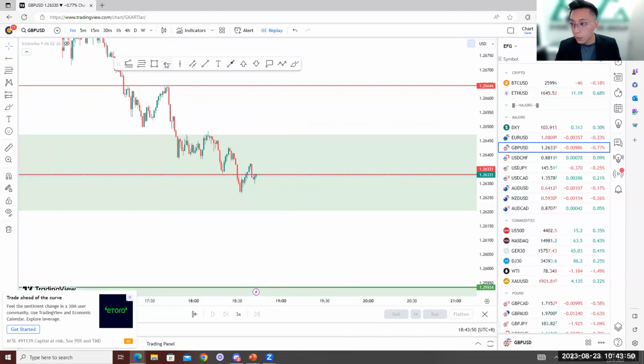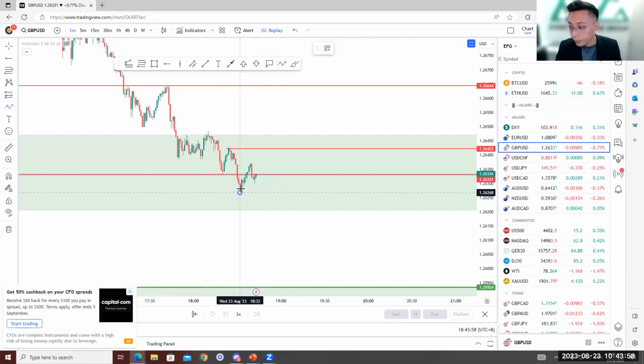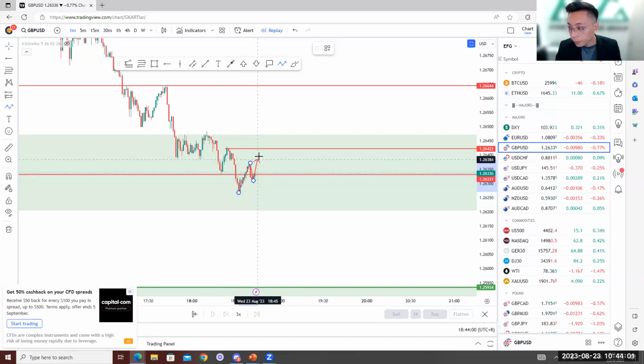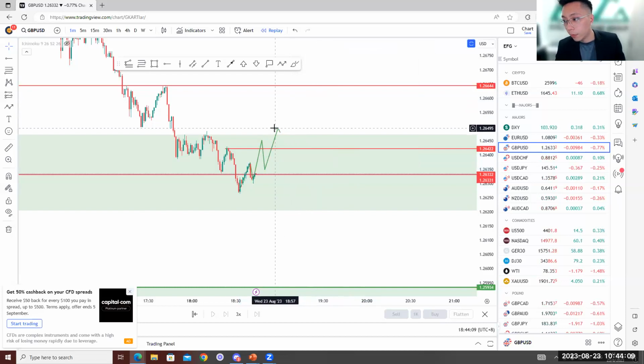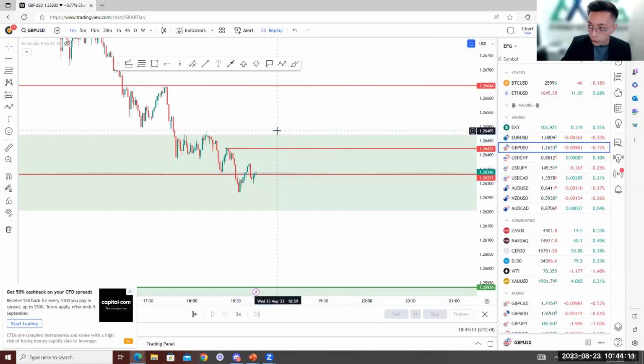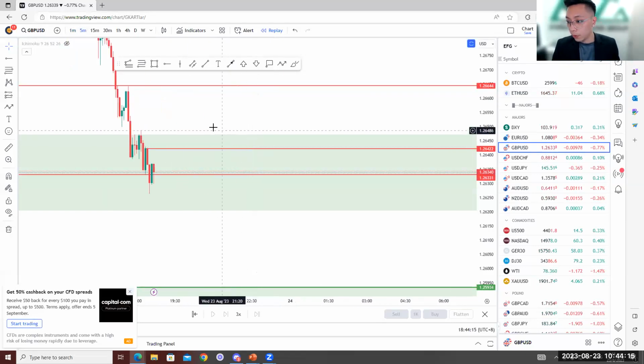I'm looking for price to break past these highs, right? So essentially, do this, okay? So this is what I'm looking at for GU currently. And I'm actually looking for this trade soon, right?